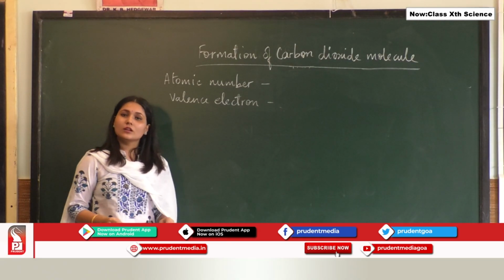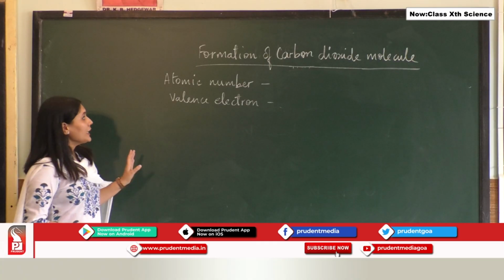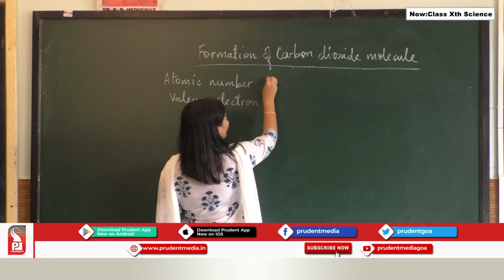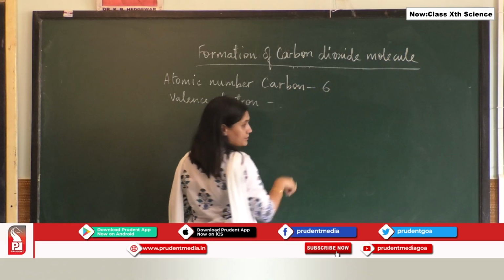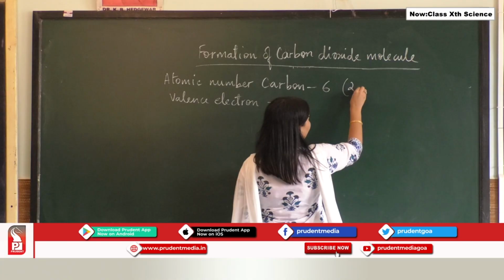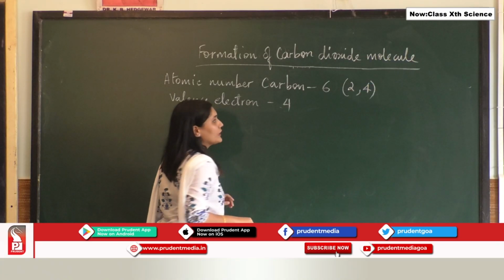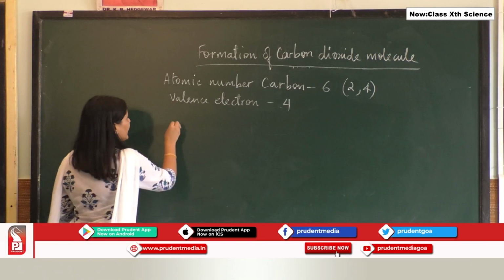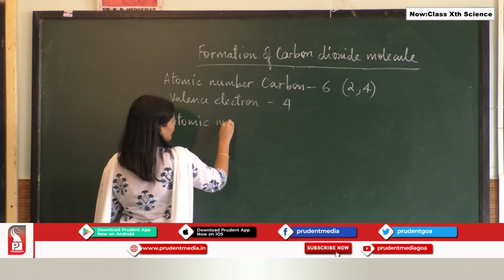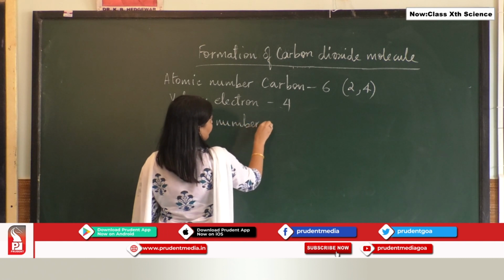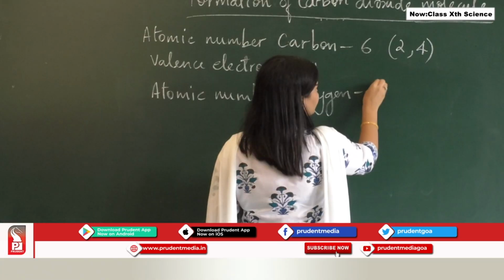Now let us learn about the formation of carbon dioxide molecule. We know that the atomic number of carbon is 6. The electron distribution will be 2, 4. The number of valence electrons that we have is 4. The atomic number of oxygen is 8.